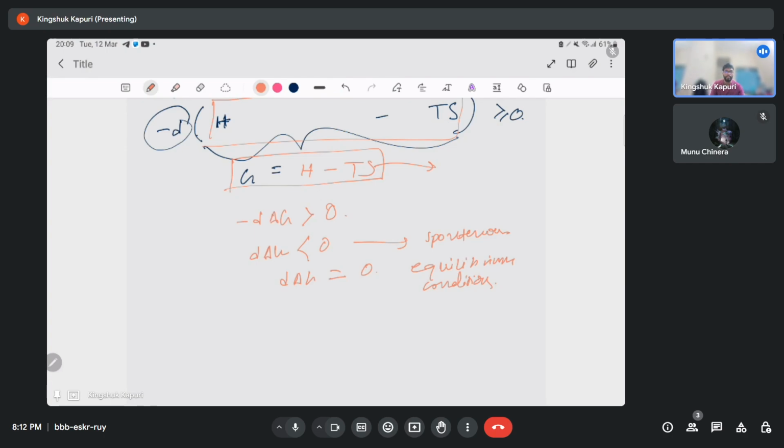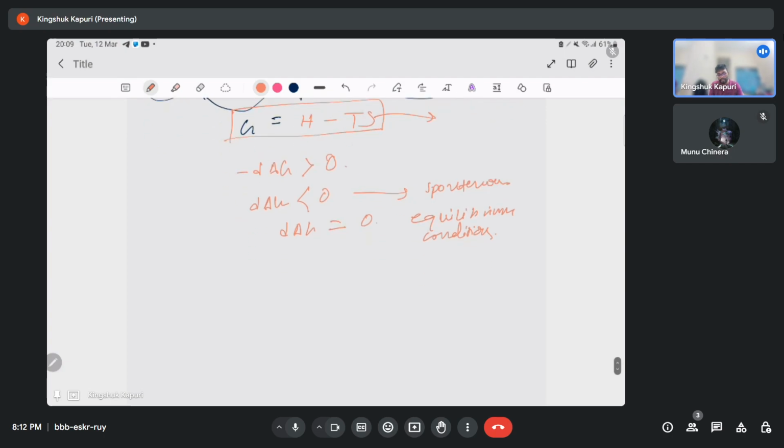If any space defines the change in entropy with respect to the change in volume at a particular pressure and temperature condition, the equation is given by the Clausius-Clapeyron equation, right?